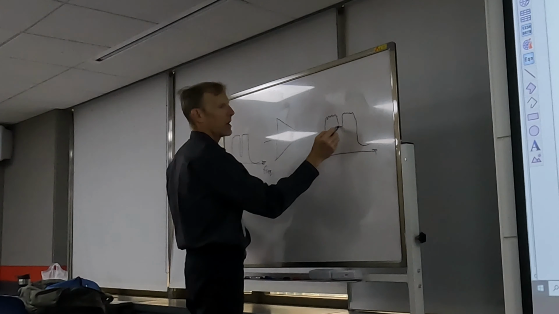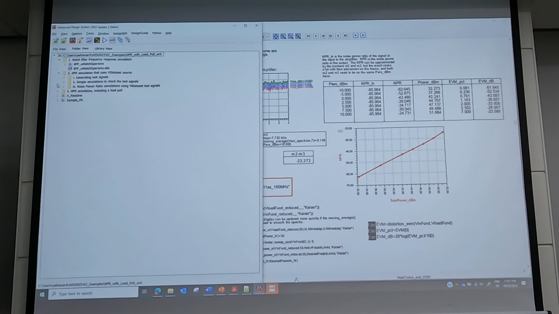Okay, so the setup here has a number of different tests in it. One of them is just a simulation, but you have to generate the signal first. So here I'm generating the signal by using these two filters.